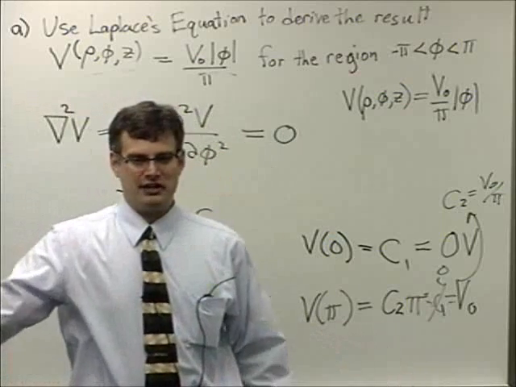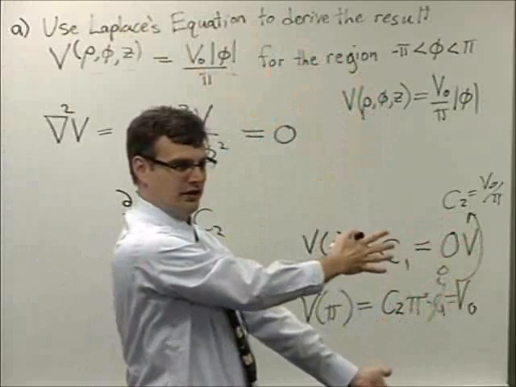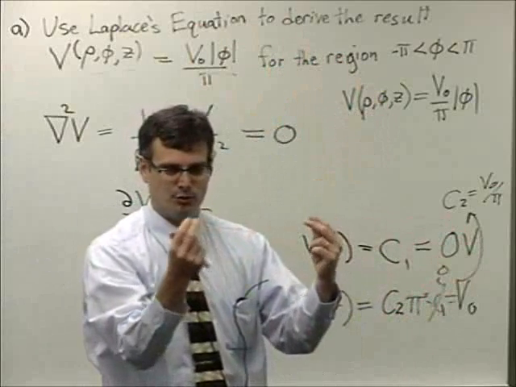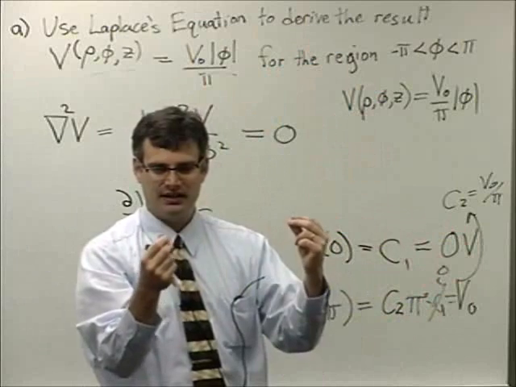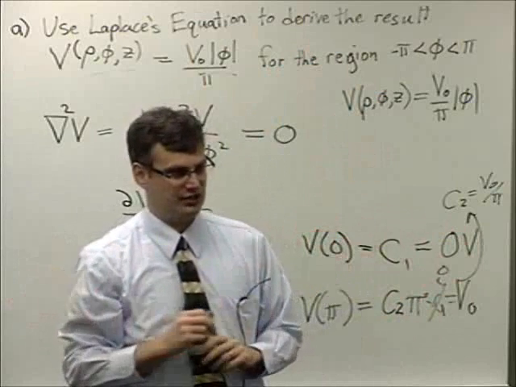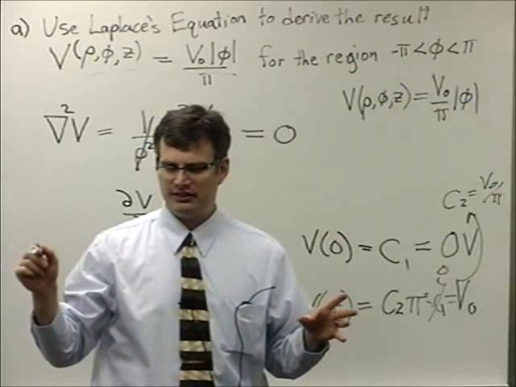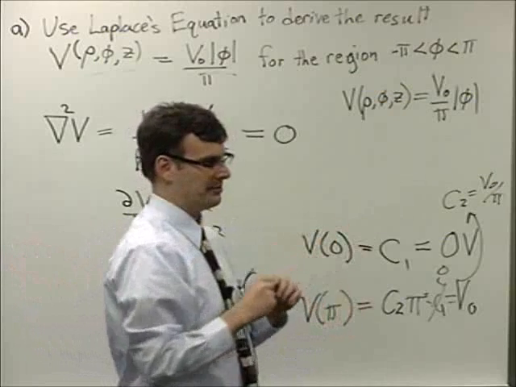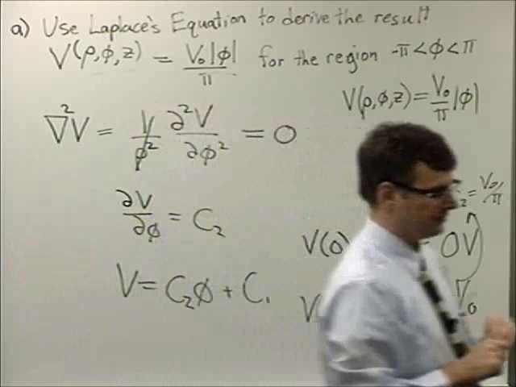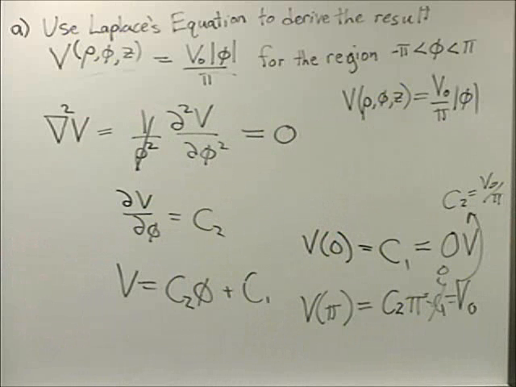It's going to start at a value, and it's going to linearly increase to another value. We just got to get those constants of proportionality and constant offsets pinned down, and that's what the boundary conditions are for. Has everybody had differential equations here already? Okay, cool.